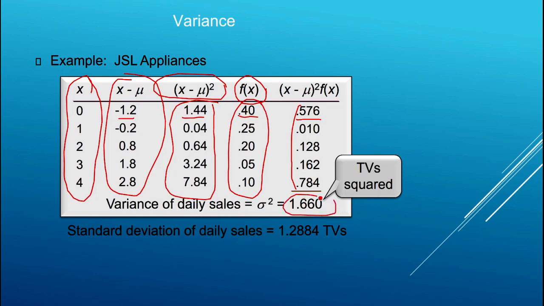So the variance of televisions sold is equal to 1.66. But remember that that's in TVs squared. So in order to measure the standard deviation, which will be in terms of TVs, I take the square root of 1.66. The square root of 1.66 is 1.288, and that is the standard deviation of my random variable x, the number of TVs that are sold in a day.